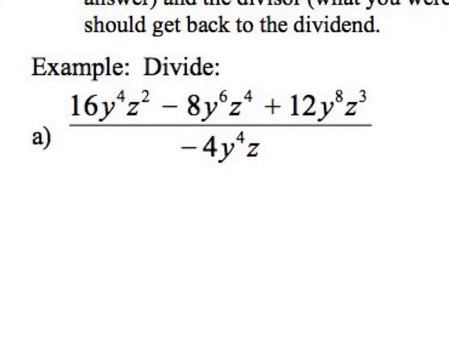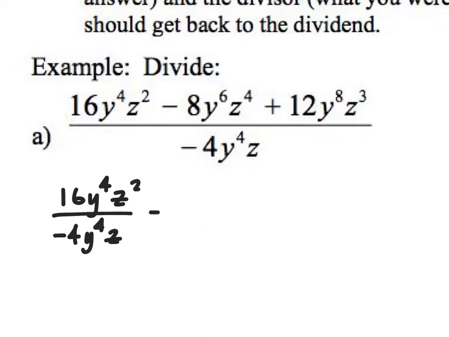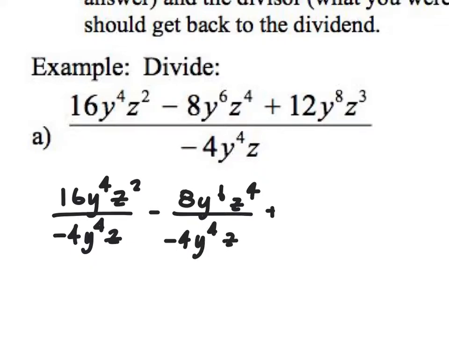And I'm going to write this as 16y to the 4th z squared divided by -4y to the 4th z, minus 8y to the 6th z to the 4th over -4y to the 4th z, plus 12y to the 8th z cubed over -4y to the 4th z.